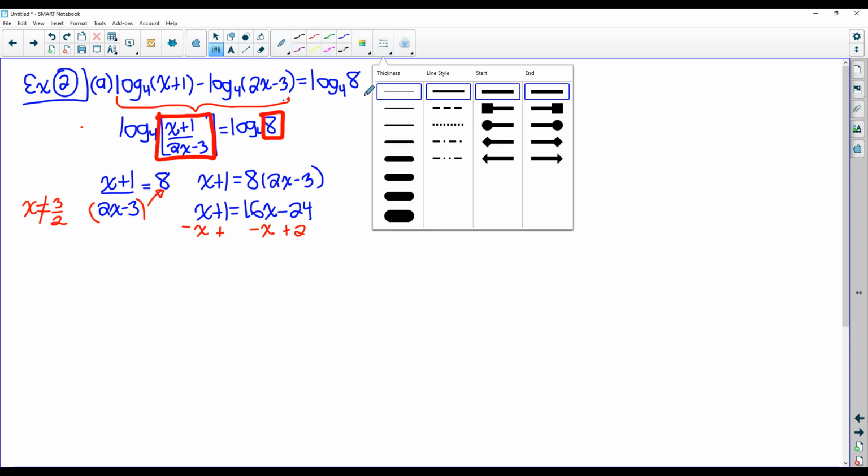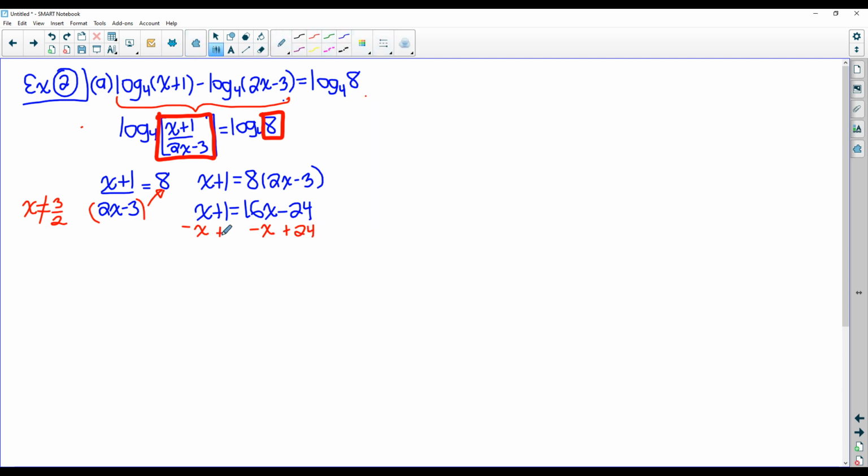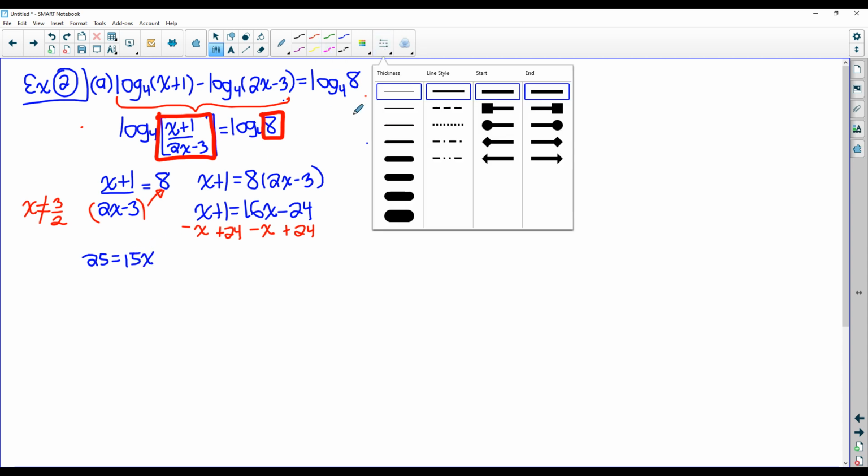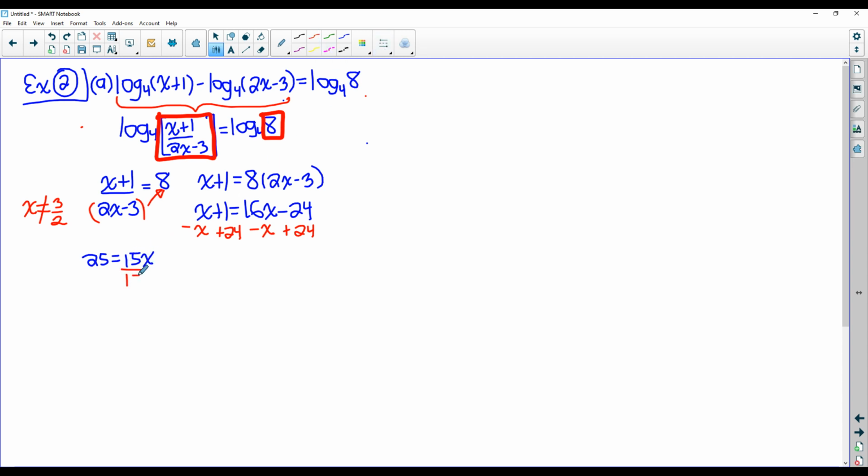Getting one step ahead of myself there. Okay, add 24, add 24, and then what I would have is 25 would be equal to 15x. Get x by itself, so divide both sides of the equation by 15, divide by 15.